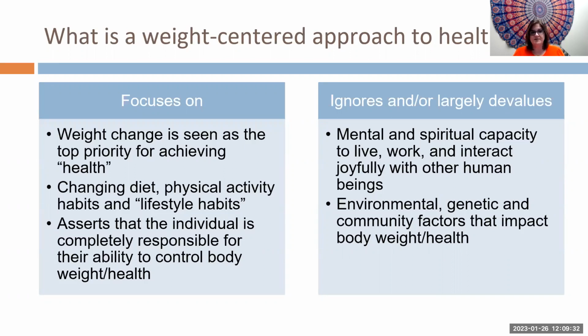A weight-centered model also asserts that the individual is completely responsible for their ability to control their body weight and health, because this approach says that weight is the main driving factor of health. From a weight-centered approach, health typically ignores and devalues that whole mental and spiritual capacity, that interaction with other human beings and the environment that I talked about before.